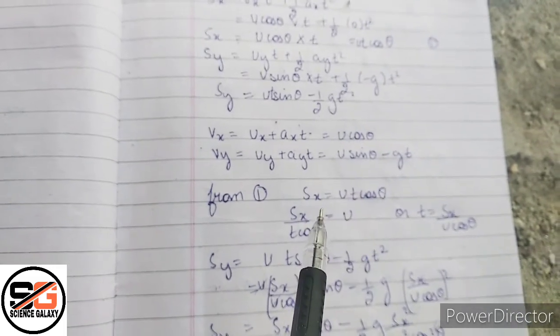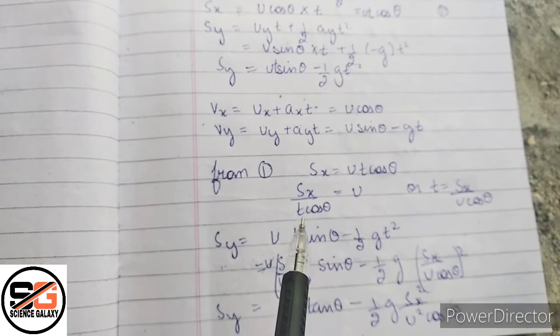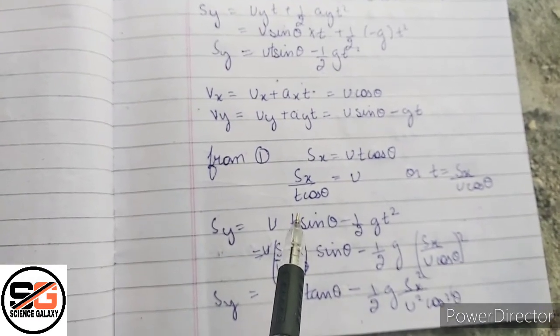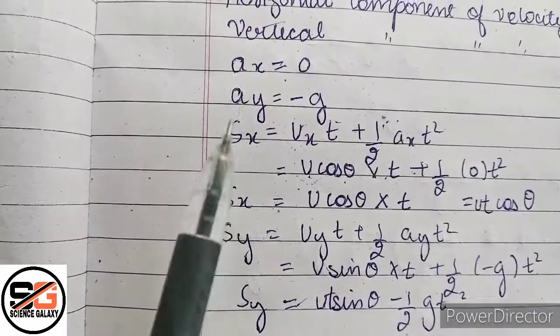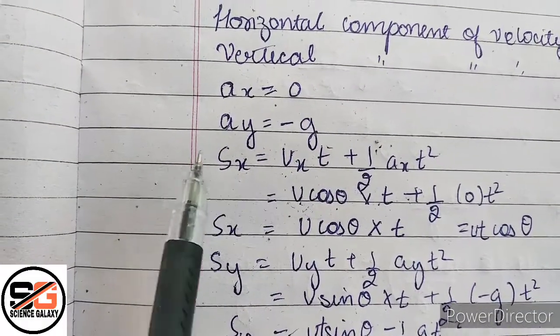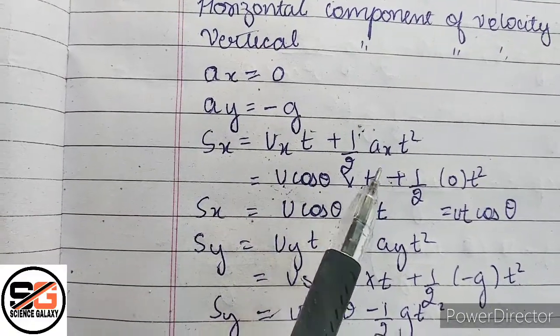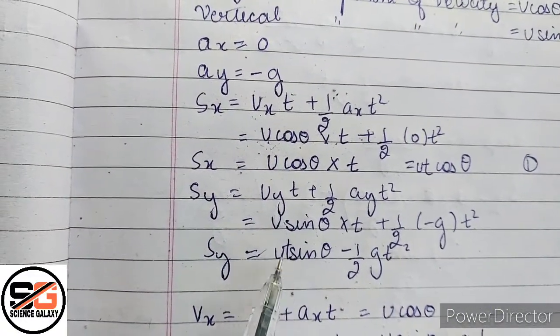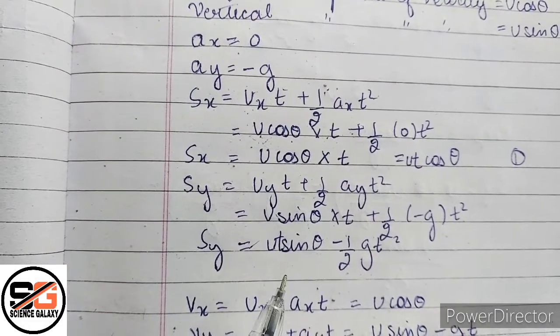Under two components, horizontal component and vertical component, the object moves along a parabolic path. How did we prove it? We used Sx equal to u cos theta into t, while Sy equal to u sin theta into t minus half gt square.